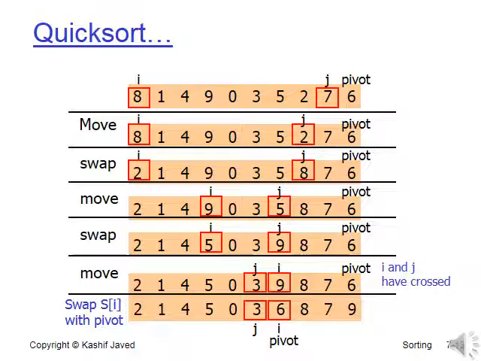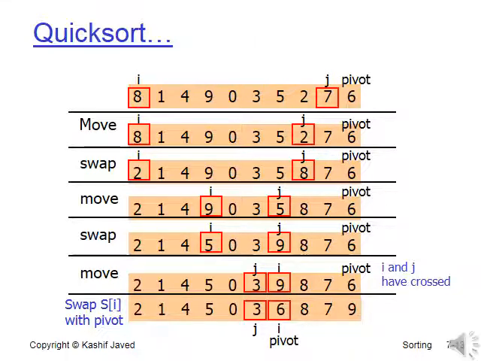Since it's less than the pivot, it will not be grabbed, and no swap will occur, since indices i and j have crossed each other. The only swap with index i that will occur is with the pivot element. Pivot element 6 takes the position of 9, and 9 takes the position of 6.